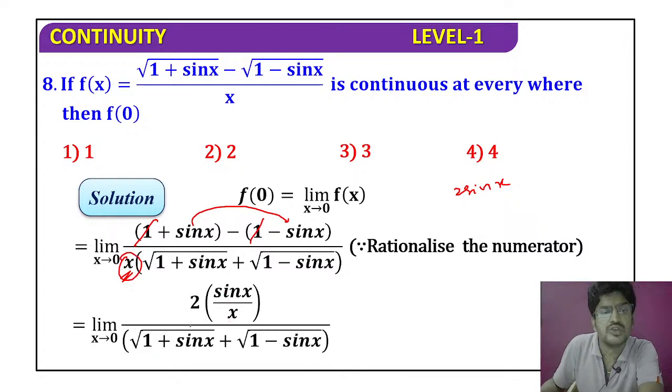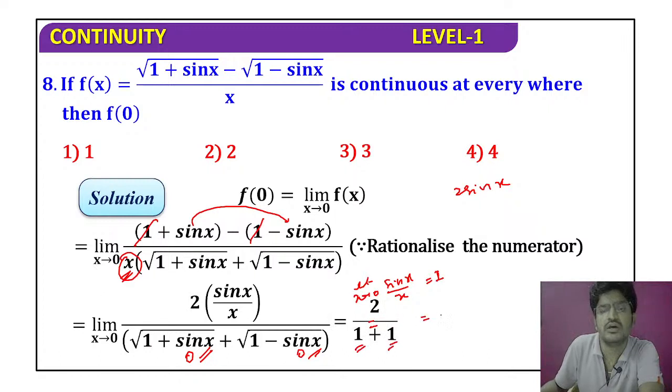Clear? So now you just see, limit as x tends to 0, sin x by x is going to be 1, so 2 into 1 is going to be 2. Here if you put sin 0 is 0, so root 1 is 1, you will get 2 divided by 1 plus 1, so that is 2 by 2 is 1.